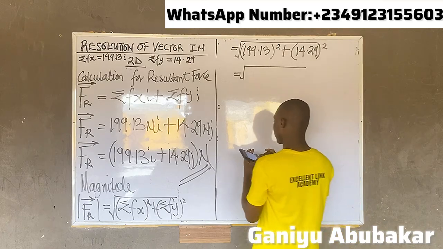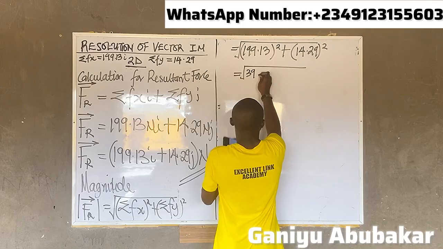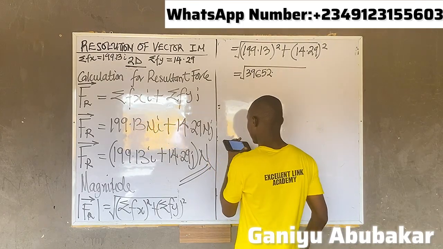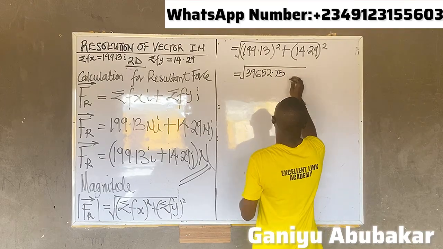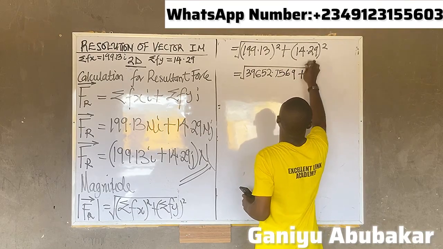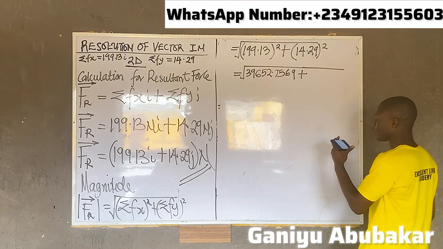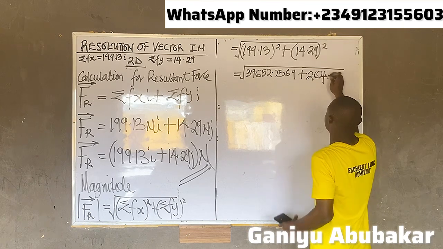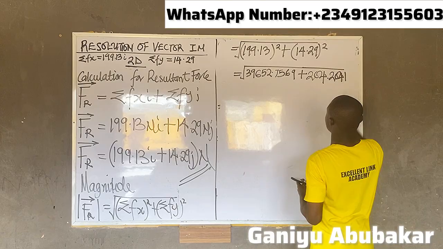So this one gives you about 39652.7569, plus, if I punch that 14.29 squared, that gives 204.2041.